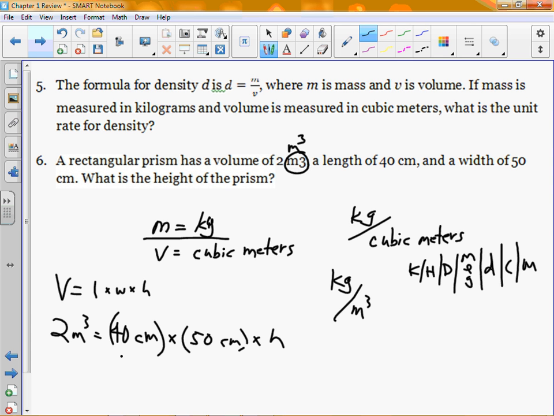But look now, look what this says, guys. You need to see this. You need to look up here. This 2 is sitting right here. There's a 2 right here, but all my other numbers are in centimeters.